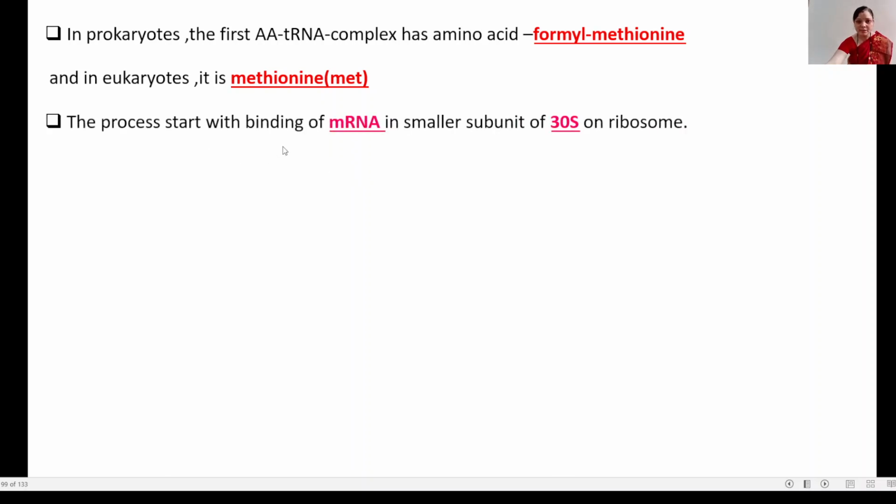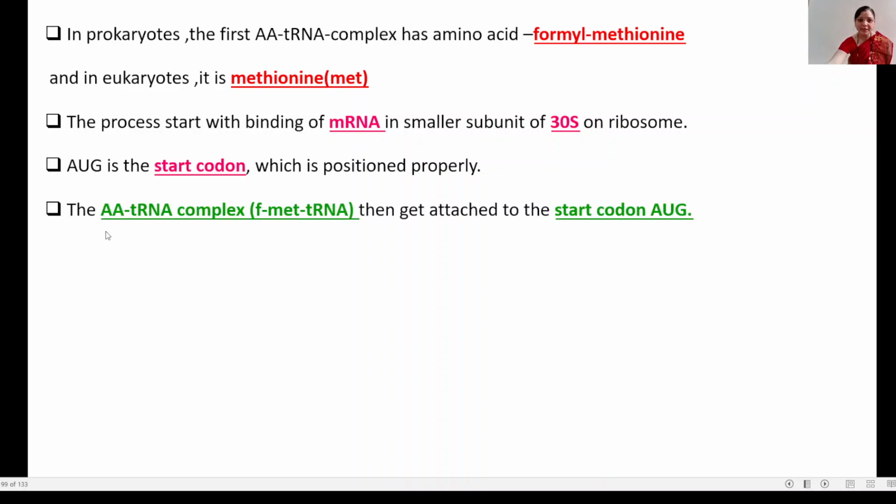The process starts with the binding of mRNA to the smaller 30S subunit of the ribosome. AUG is known as the start codon, which is positioned properly. Then the AA tRNA complex, that is formyl methionine tRNA, gets attached to the start codon AUG.